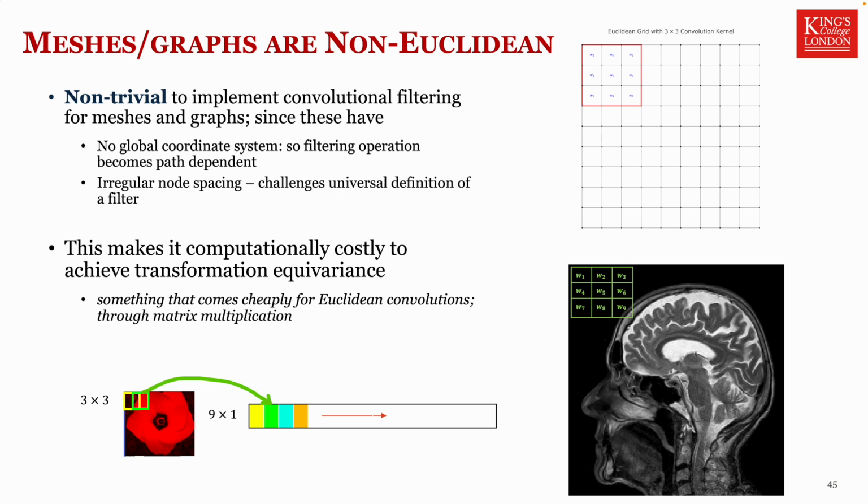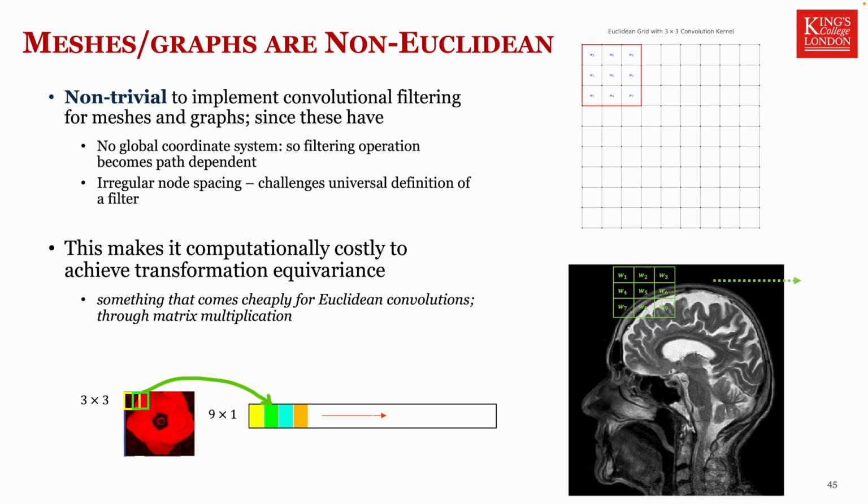And the other thing that's really convenient about Euclidean domains is that they're defined by a global coordinate system, which determines exactly how we are to transform this filter over the domain, i.e. by translation, in order for us to spatially implement that convolutional filtering operation.